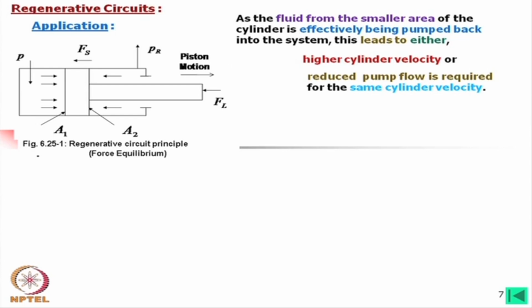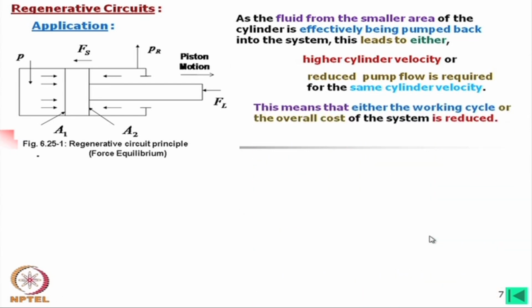Here I would say that instead of cylinder velocity, we can write piston velocity. Anyway, this means that either the working cycle time or the overall cost of the system is reduced.